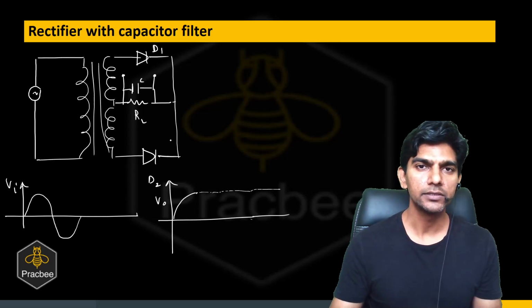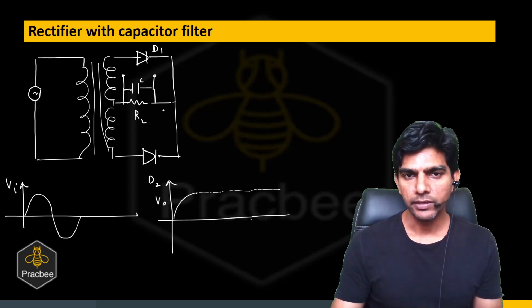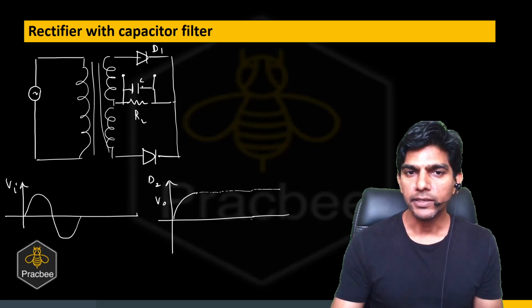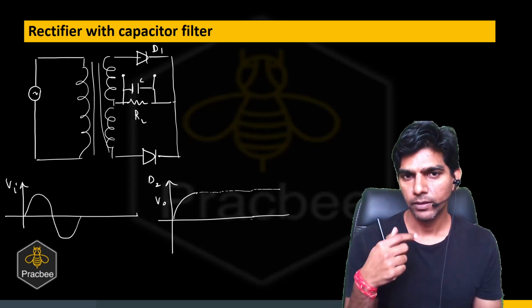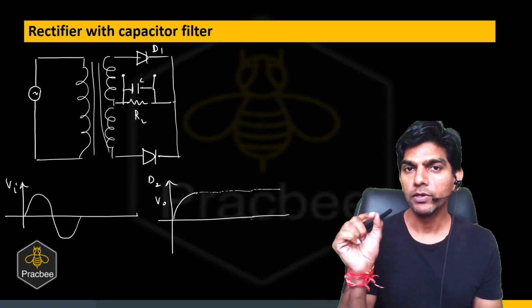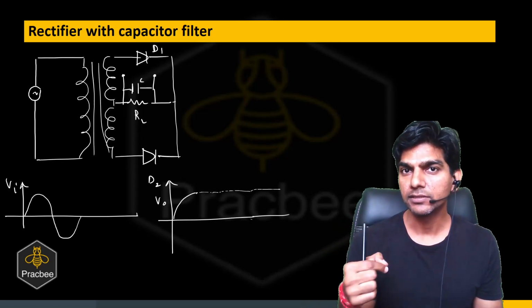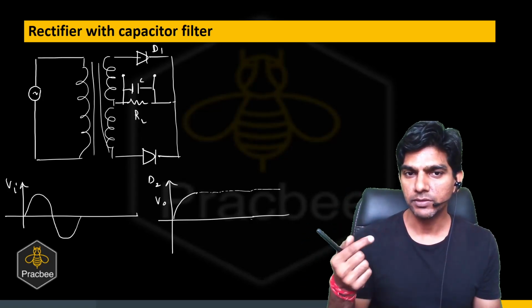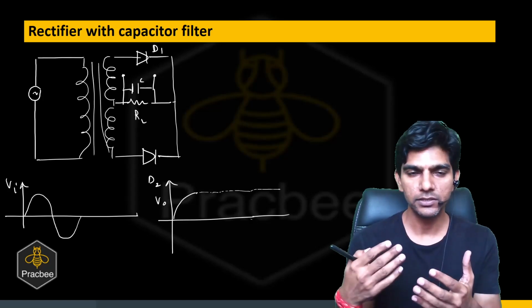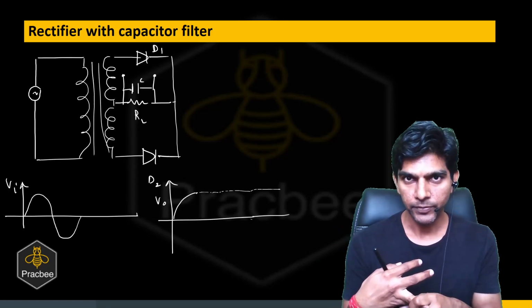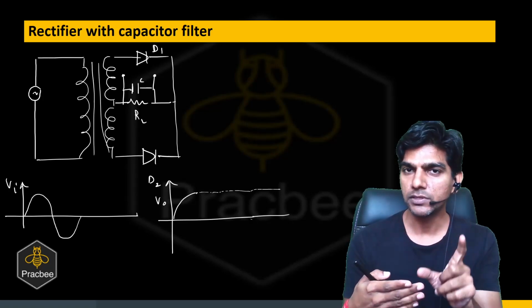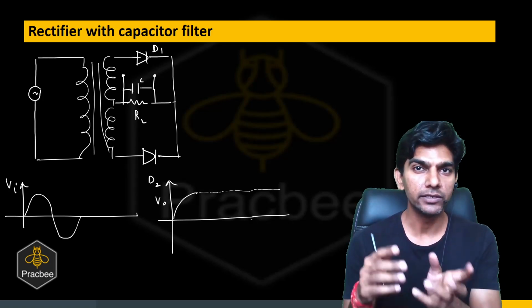The reason is that when there is no current, or when the current decreases, the capacitor will discharge, and it will not discharge instantly. It will take some time. Suppose we choose the values of C and RL such that the time constant is really high. Then the capacitor will take a large amount of time to get fully discharged.